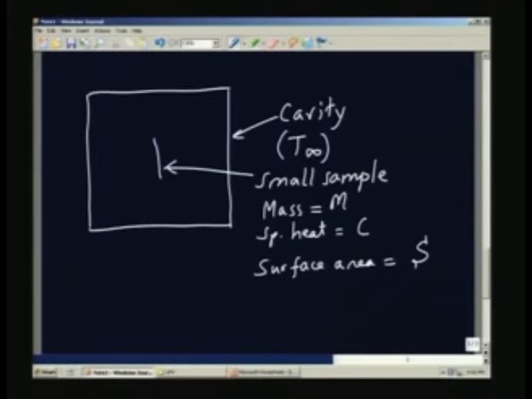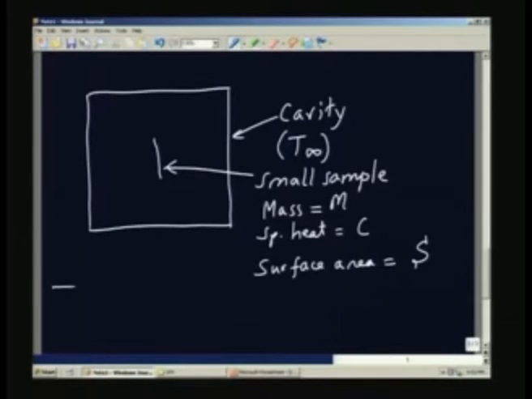So, let us look at what is going to happen. Suppose I heat the sample by some means, and at t equal to 0, I initially bring the temperature of the sample to some value greater than T infinity.